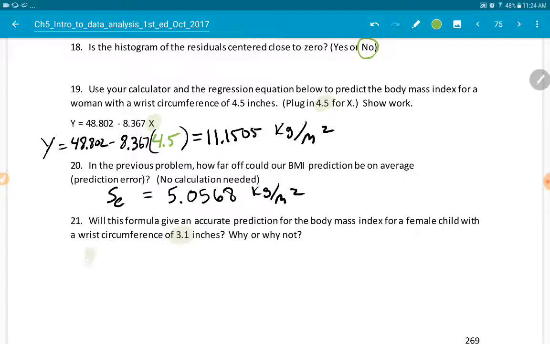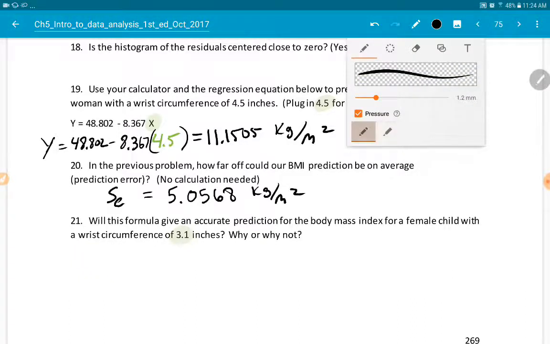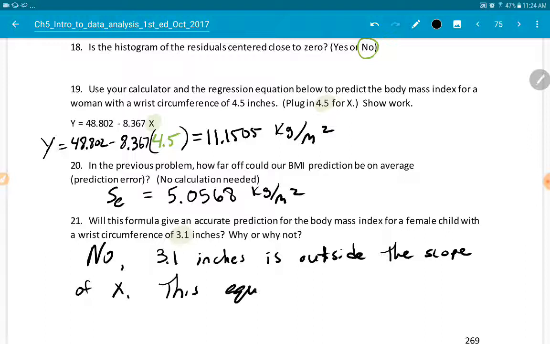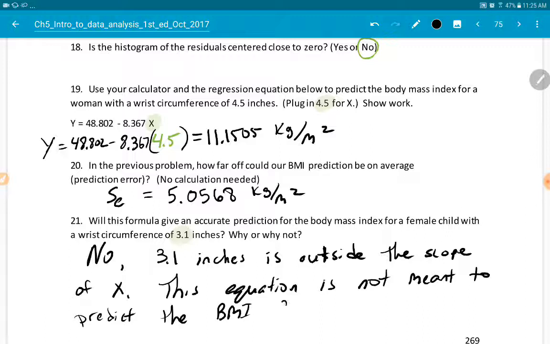So, no. 3.1 inches is outside the scope of X. This equation is not meant to predict the BMI for such a small x value.